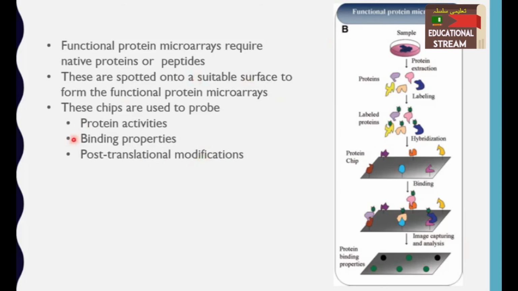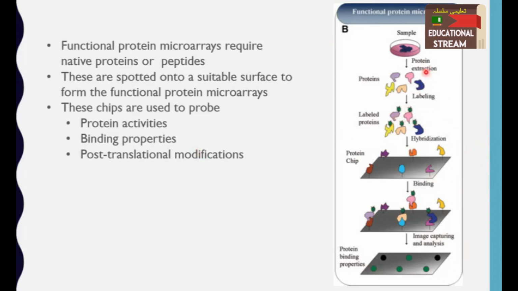So the main purpose of functional protein microarray is to find out different activities of the protein, their binding properties, which properties they possess to bind to different molecules, and we can also study the post-translational modifications of the proteins. So in this example we will see how the proteins are used in a functional protein microarray.